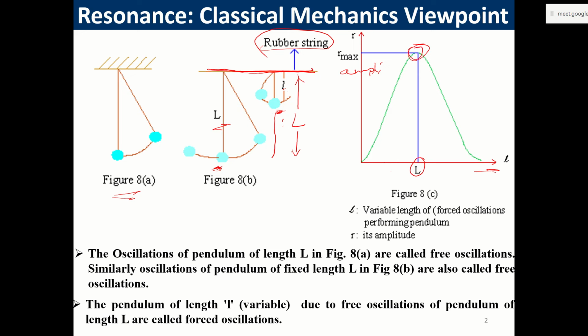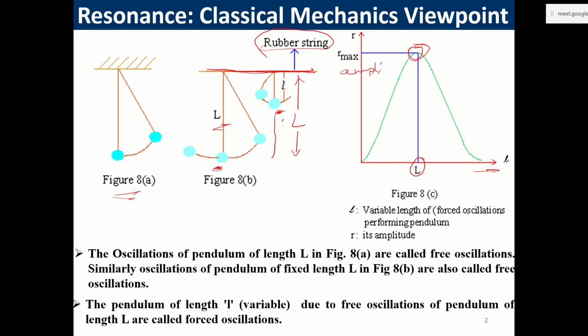The other pendulum vibrates with maximum amplitude, and we say the energy transfer is most efficient at this point. This is the situation when you have exactly matched the frequencies.